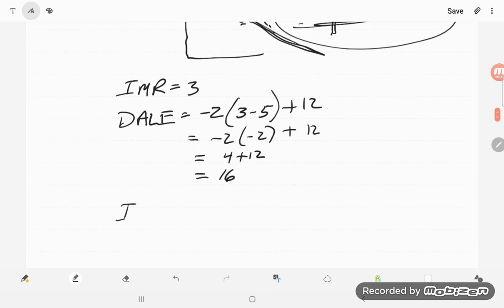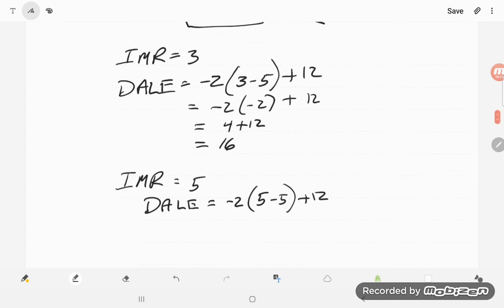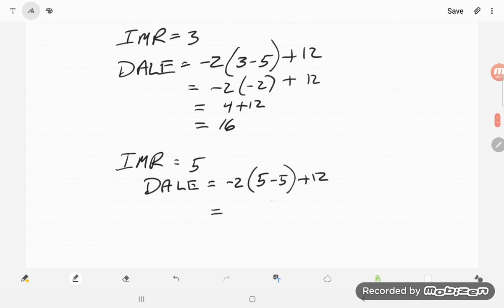And then another example, maybe I have an IMR equal to 5, in which case Dale would be -2 times 5 minus 5 plus 12. Well, 5 minus 5 is 0, so I just get 12. And so there's a couple of examples of using this.